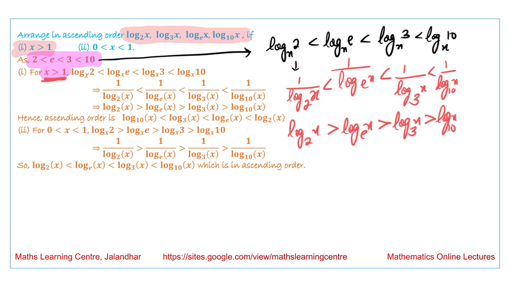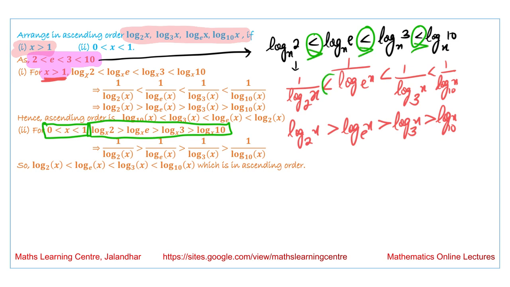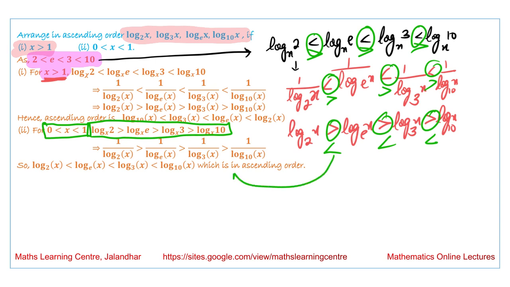So this is what we have obtained. In the second case, when we are saying that 0 is less than x is less than 1, we know that the log function is monotonically decreasing. So the sign of inequality will reverse in this case.